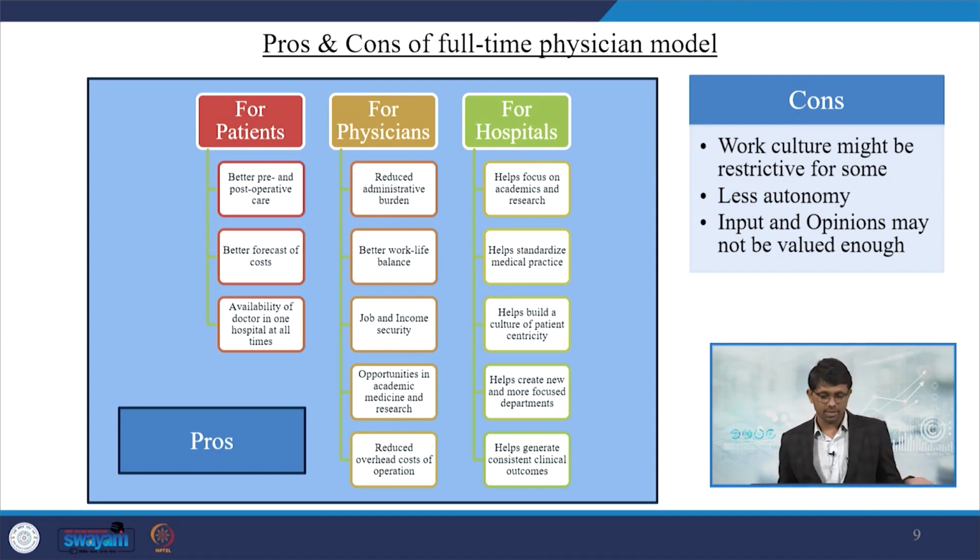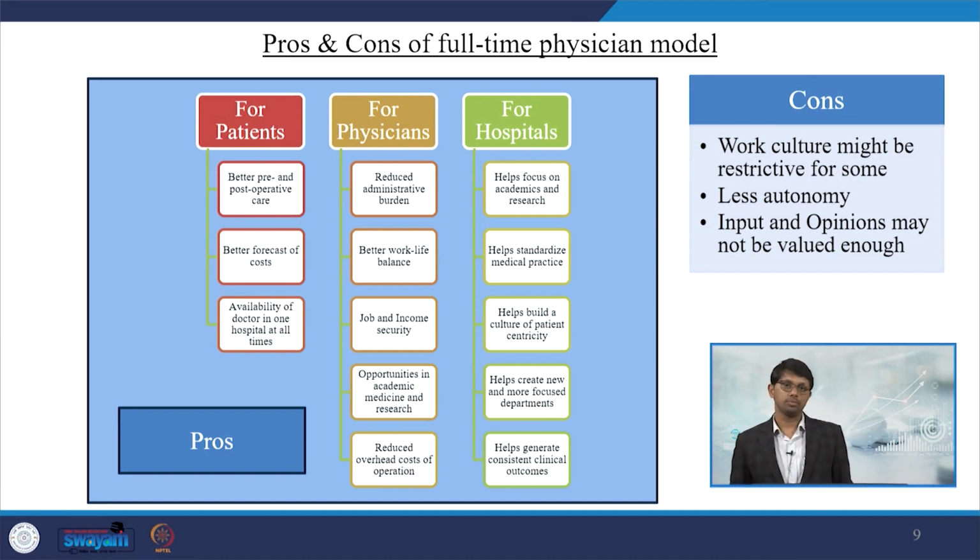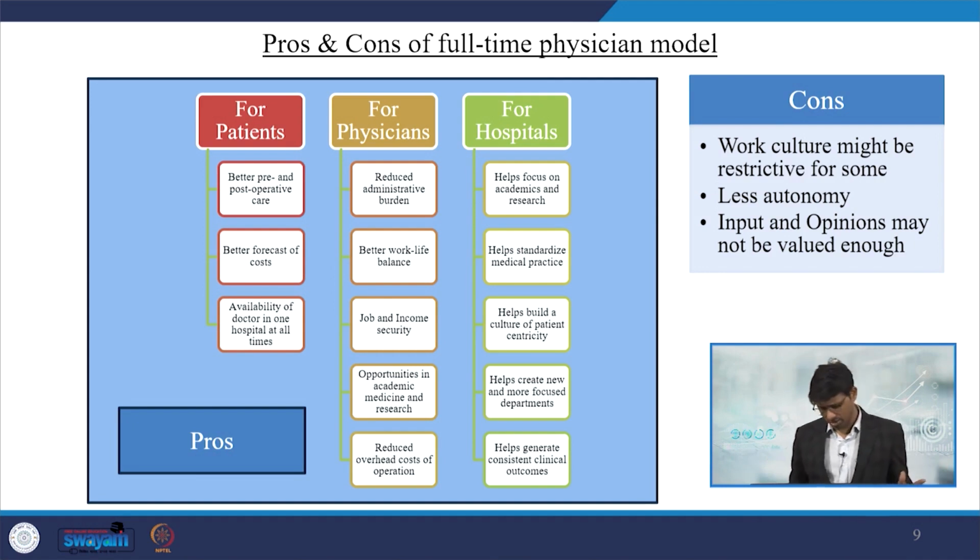Especially for physicians, the advantages are reduced administrative burden, better work life balance, job and income security, opportunity in academic medical research, and reduced overhead cost of operation, because overhead costs are taken care of by hospitals because of their merging approach. For hospitals, of course, the other two categories will be a supporting hand.